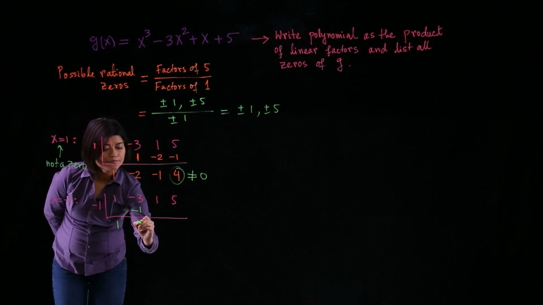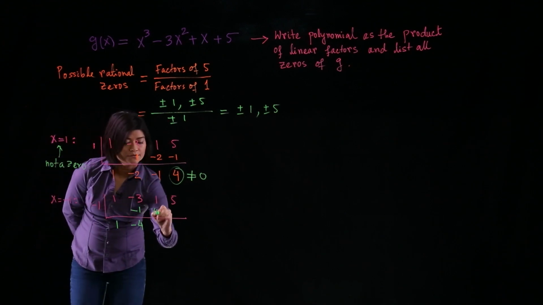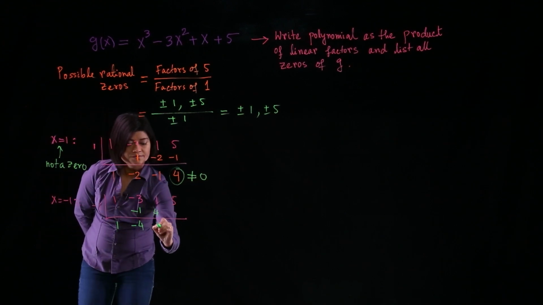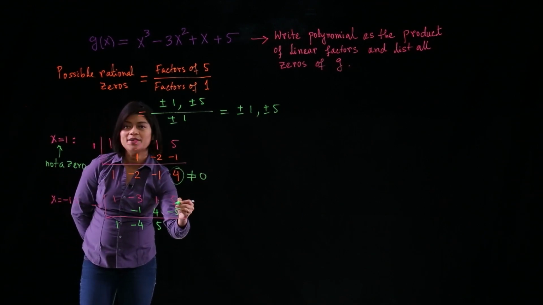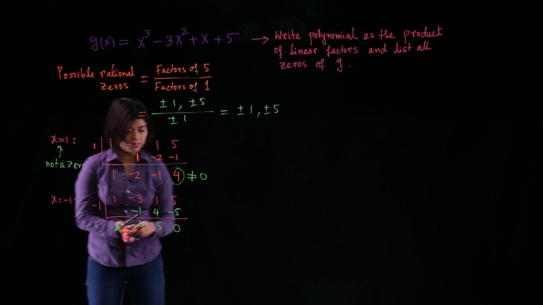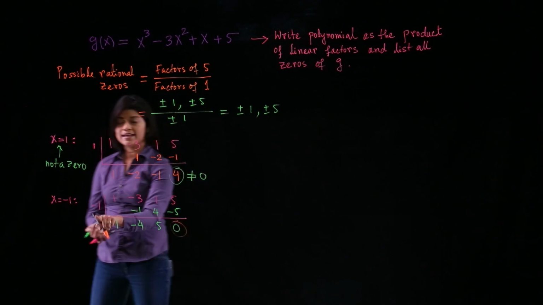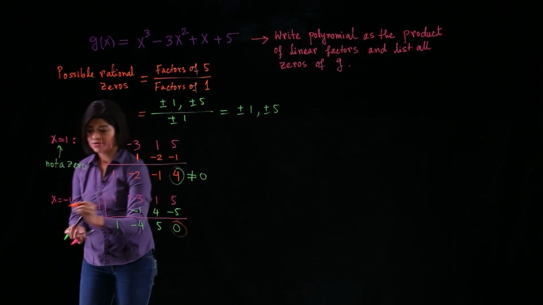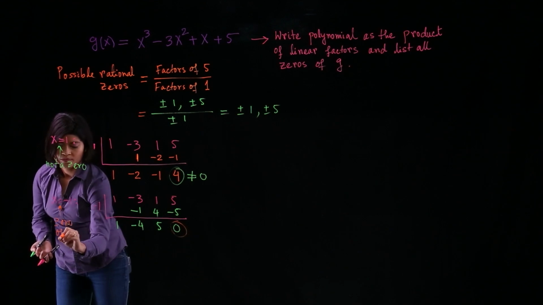Add with negative 3, you get negative 4. Negative 4 times negative 1 is 4. 4 plus 1 is 5. 5 times negative 1 is negative 5. And when you add with 5, you do get a 0. So there you go. We have found 1 zero, and that's x equals negative 1. So this is a zero of g.